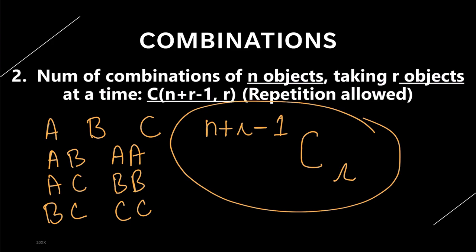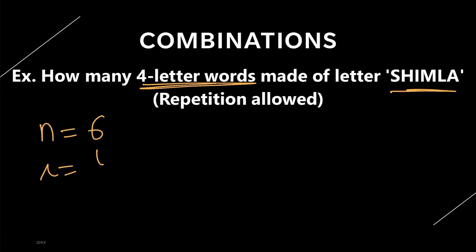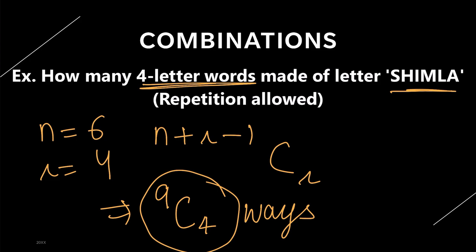It is not very frequently used, I would say it is rarely used, but you have to know that if repetition of the letters is allowed, then the formula is (n plus r minus 1) C r. Now, you have to make a four-letter word out of the word Shimla. So n is 6, r is 4. Again, repetition is allowed, so (n plus r minus 1) C r. 6 plus 4 minus 1 is 9, so 9C4. This is the number of ways you can form the four-letter word when repetition is allowed. I hope this is clear.